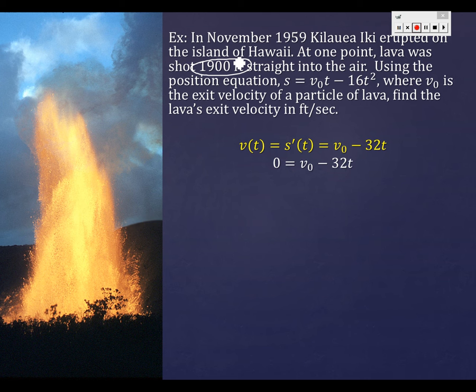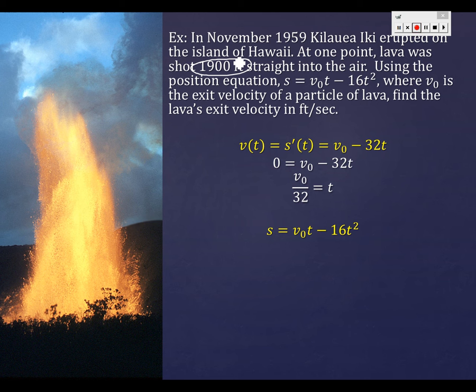That gives us a relationship between V0 and t, which we like. Still doesn't solve the problem for me, but that's useful. I think that's really useful to notice, that at the point of interest, the height at that moment, whatever that was, the velocity was 0.